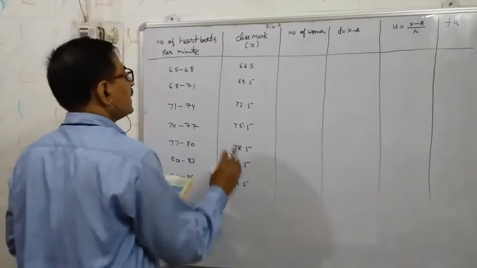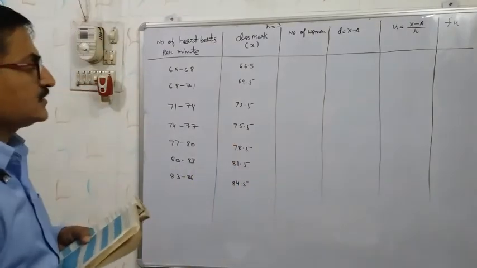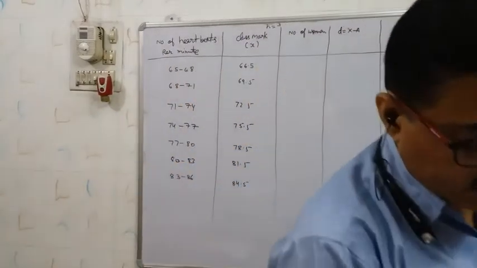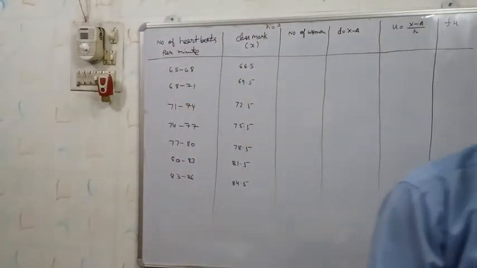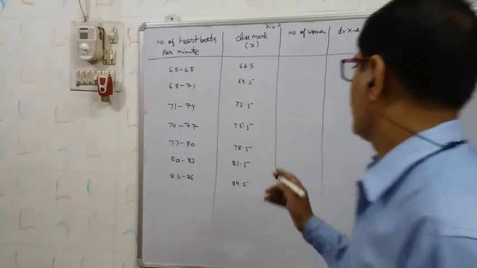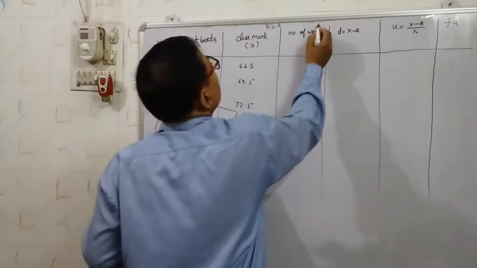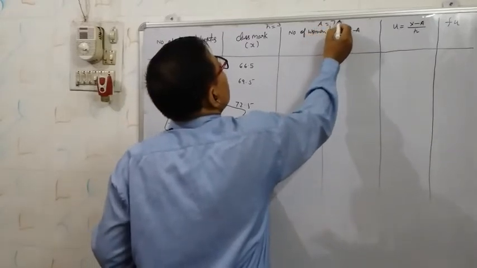Now any one of these we can take as the assumed mean. Here we are taking the assumed mean as 75.5.